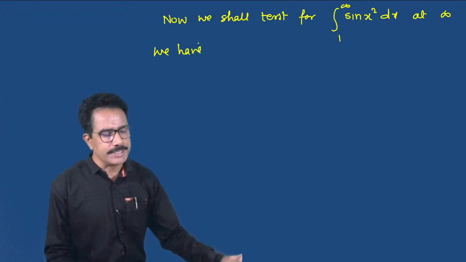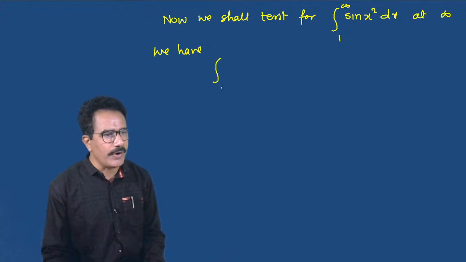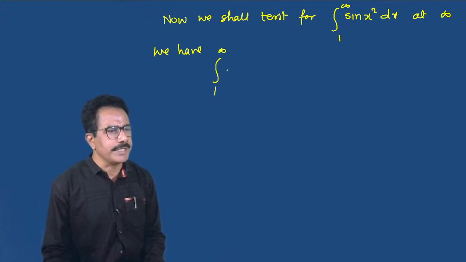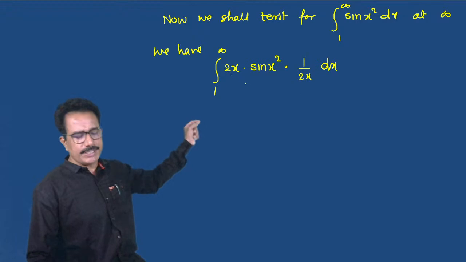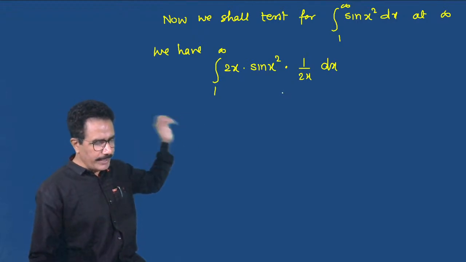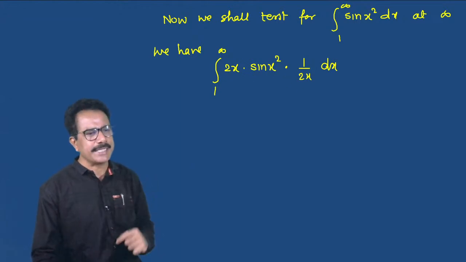Now we have to consider here the term in the product form, integral from 1 to infinity 2x into sin of x square into 1 upon 2x dx. What did we do here? We divided by 2x and multiplied by 2x. Note this, why did we do this?